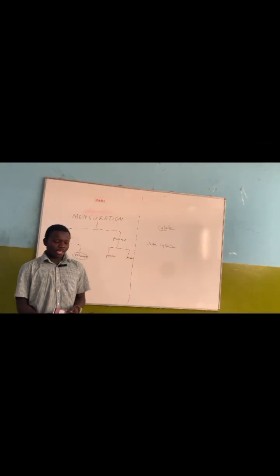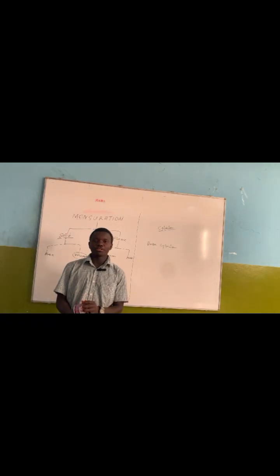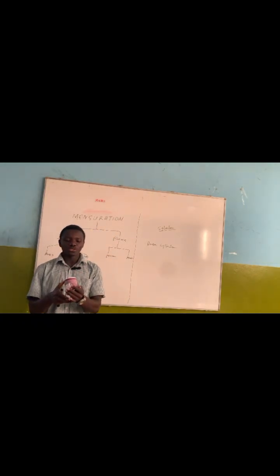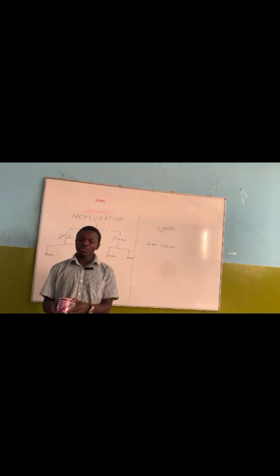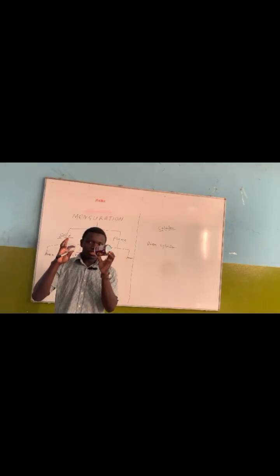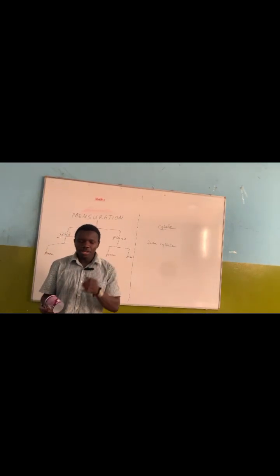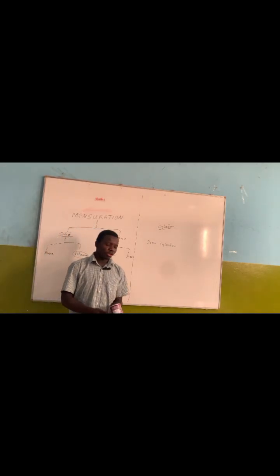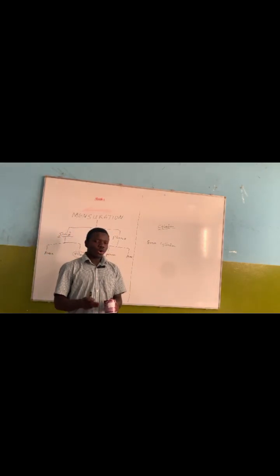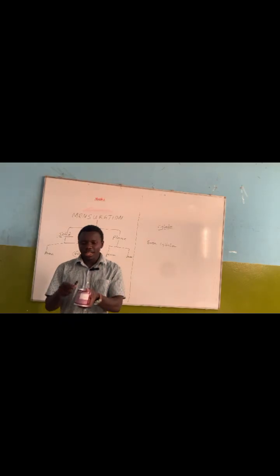Here I just cut the bottom part of this cylinder. I just want us to have a clue on how the formula came about. As you see, this is the upper part and this is the bottom part. If we want to see more clearly, let us dissect it, like cut it.